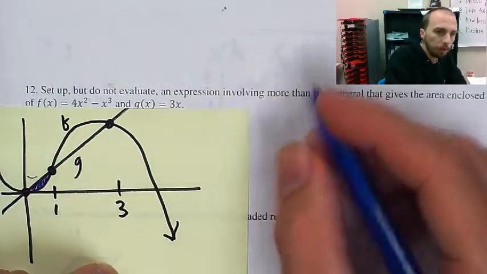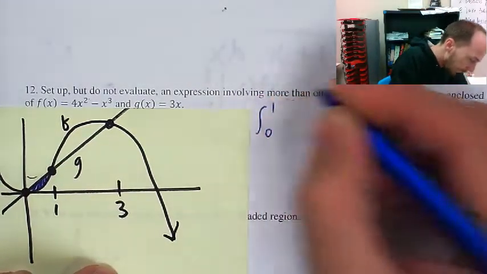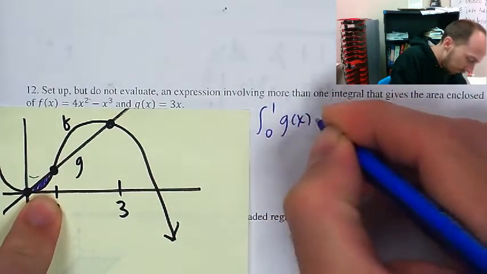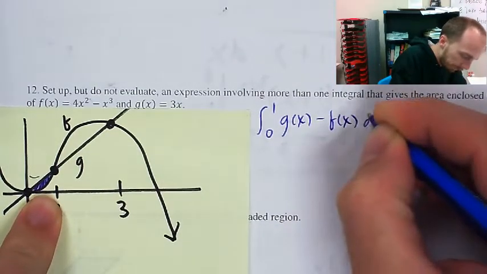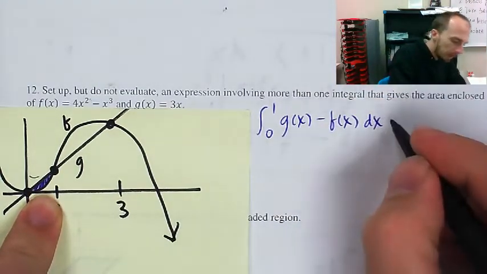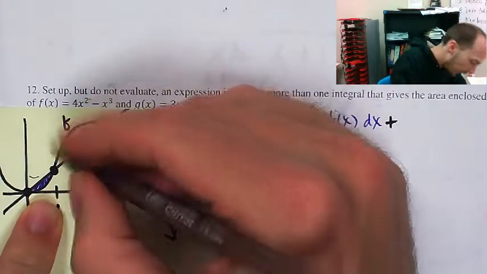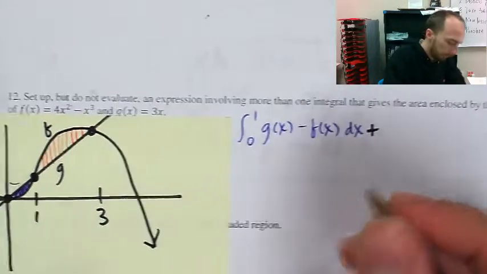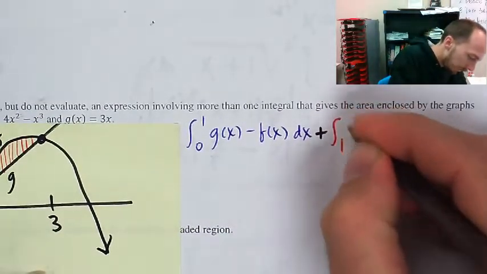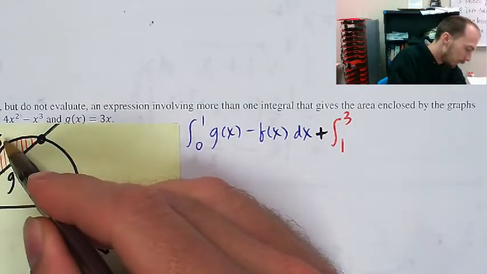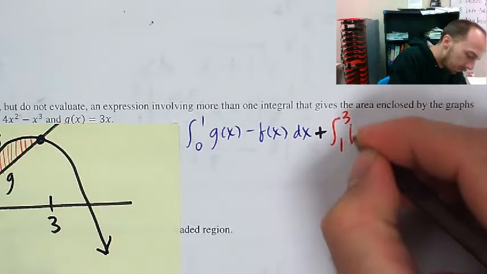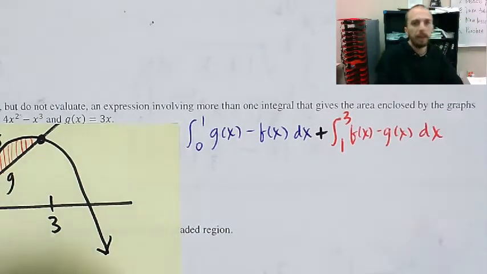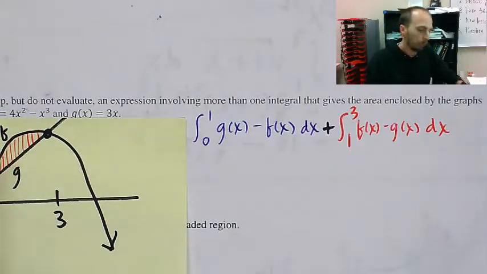The blue integral is going to be the integral from 0 to 1 of top minus bottom, which is line minus curve, so g of x minus f of x. Then I'll add in red, I'll do this area. That will be the integral from 1 to 3. Top minus bottom will be curve minus line, that's f minus g. And that's how I'm going to write an expression with more than one integral.